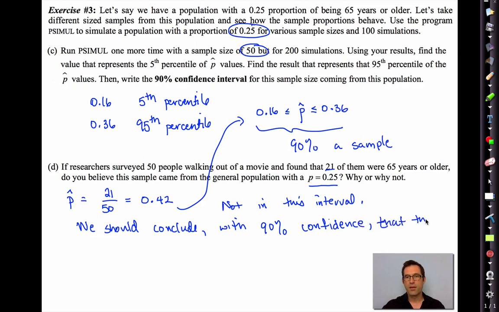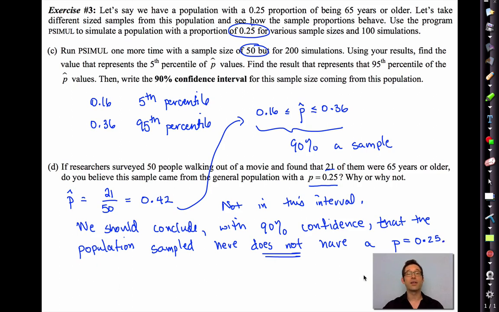that the population sampled here does not have a p equal to 0.25. We likely can actually conclude that it's probably higher than 0.25.